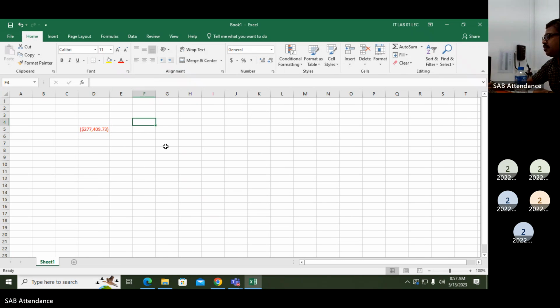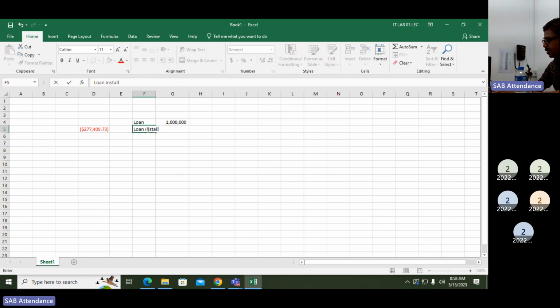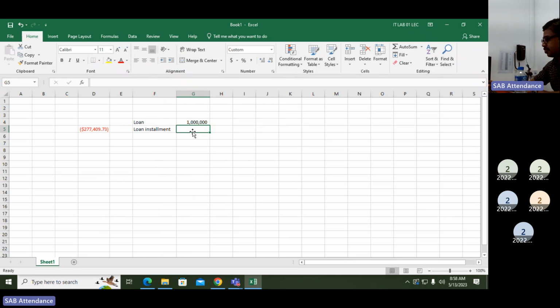Right. Now, if you obtain a loan of 1 million, the loan installment here is 277,410.